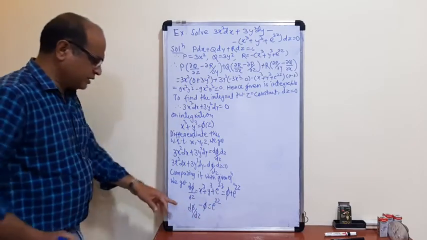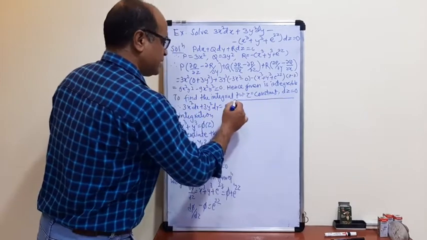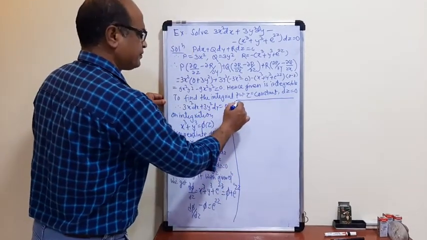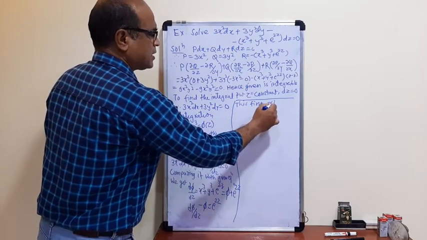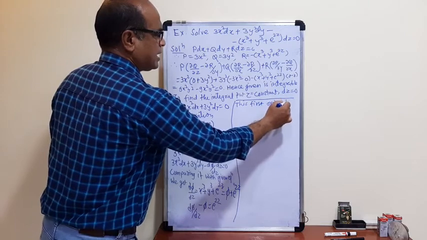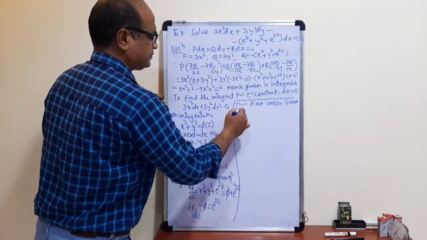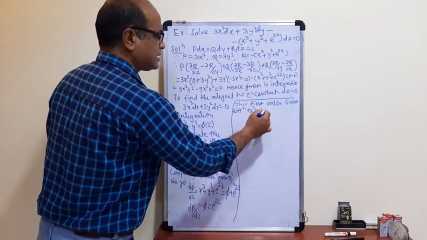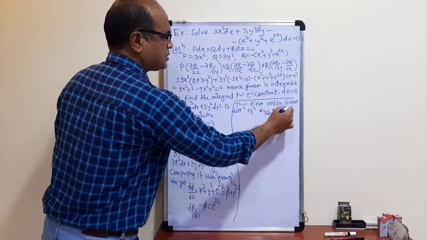So what is this? So this is the first order linear differential equation, of the form dy by dx plus py is equal to q.